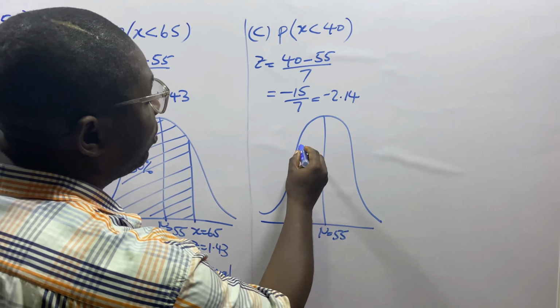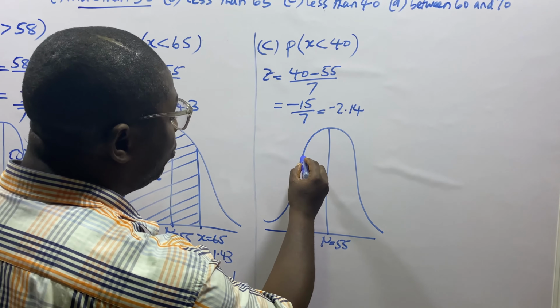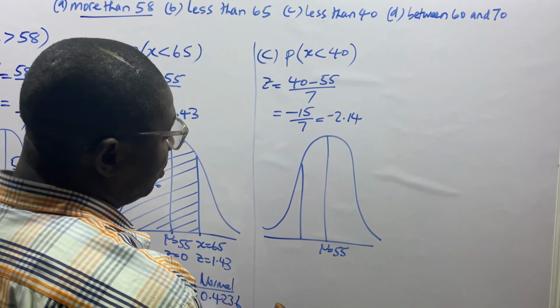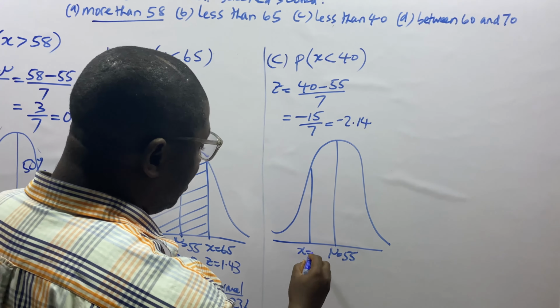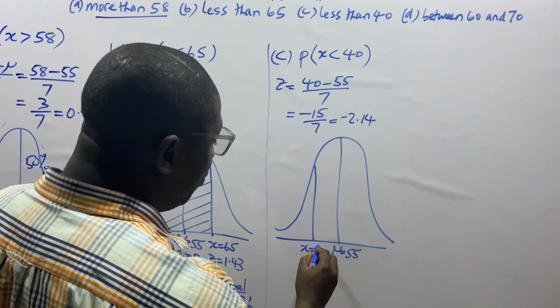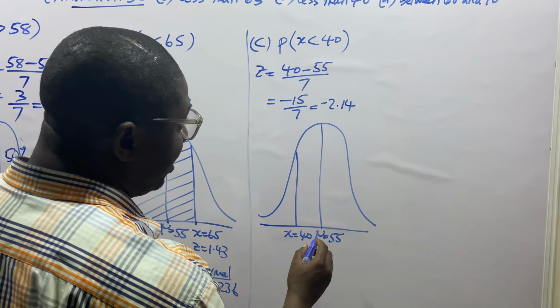It's going to be on this side of the mean. So let's assume this line here. X is equal to 40, and then Z-score at mean is 0, and Z-score at this point is minus 2.14. That's what we have.